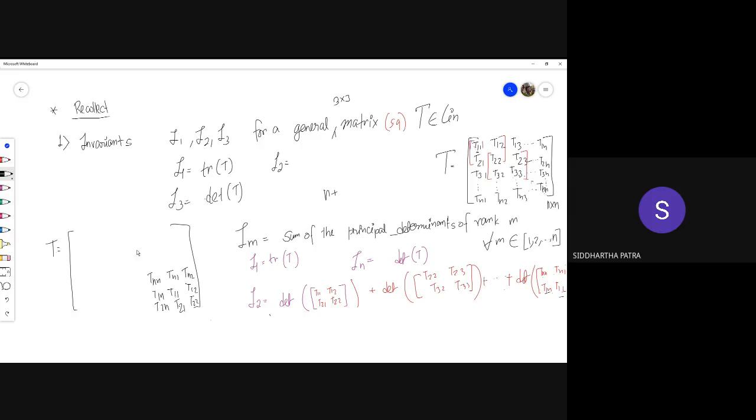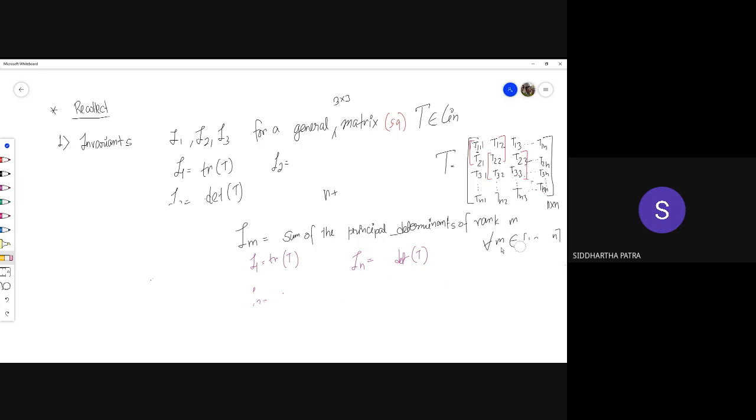So let's say T has only this many rows and columns, 3 by 3.